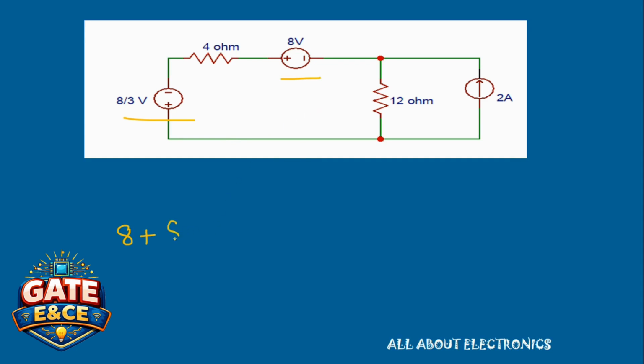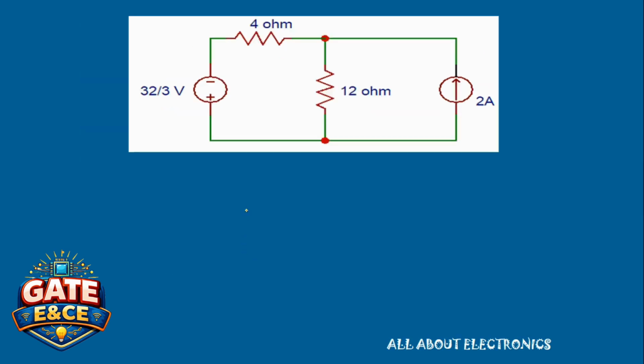So we will have now 8 plus 8 by 3, that is 32 by 3 volt. So we can replace these two voltage sources by this 32 by 3 volt voltage source. So the equivalent circuit now will look like this. Now we have this 32 by 3 volt voltage source in series with this 4 ohm resistor.